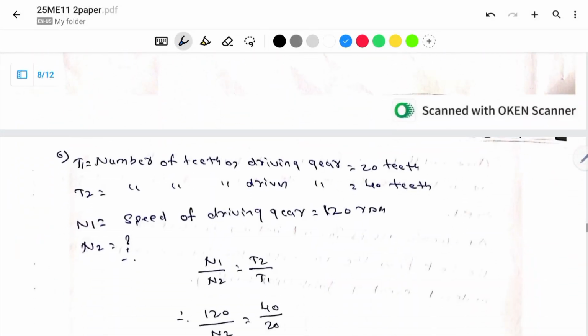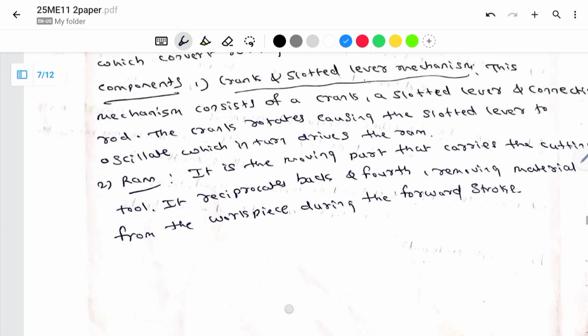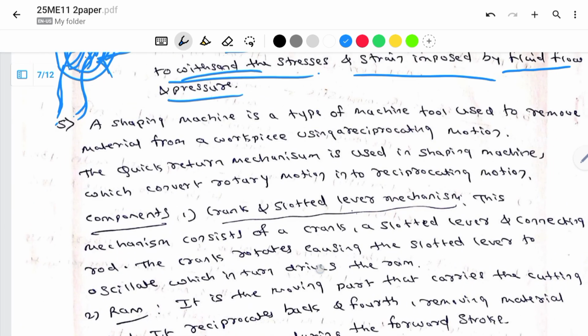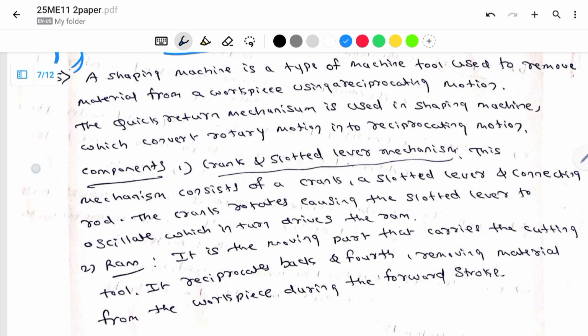First of all, let me tell you what a shaper machine means. These machines are used for preparing the keyway. If you have a shaft like this, where we utilize these shafts in the motor and all, then to fix this shaft into the motor, you should have a certain lock.